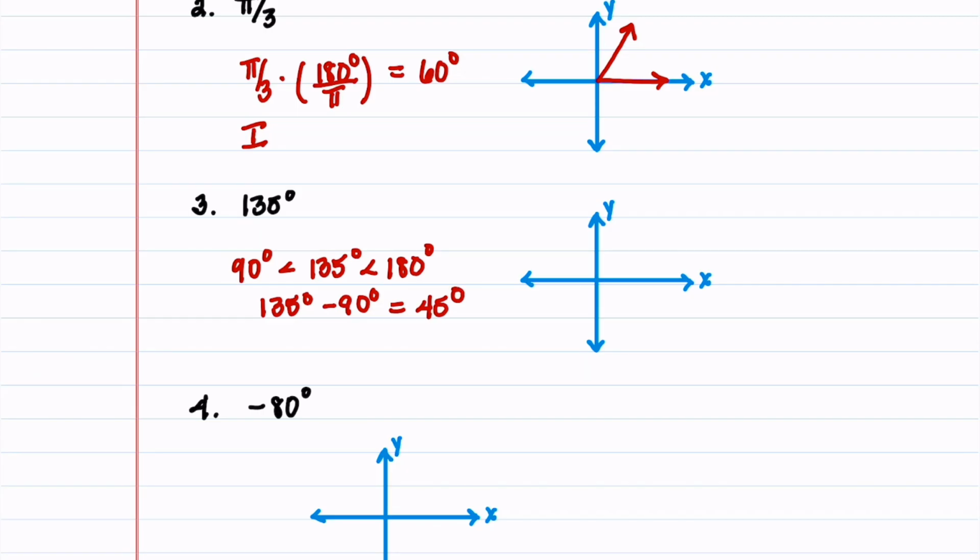So we know that we have to go 45 degrees past 90 degrees when we draw this angle. We can also note that this angle is in our second quadrant. So to draw this angle, we'll start with the initial side along the x-axis, and then we'll go 45 degrees past 90 degrees. So that gives us an angle in this position.